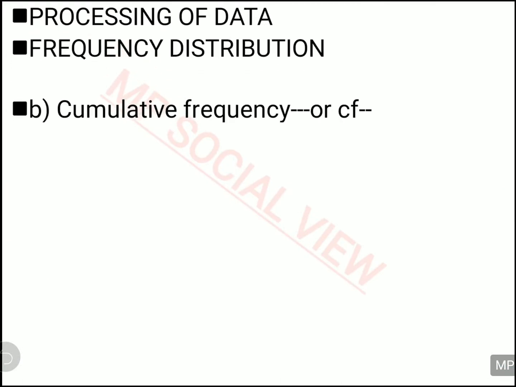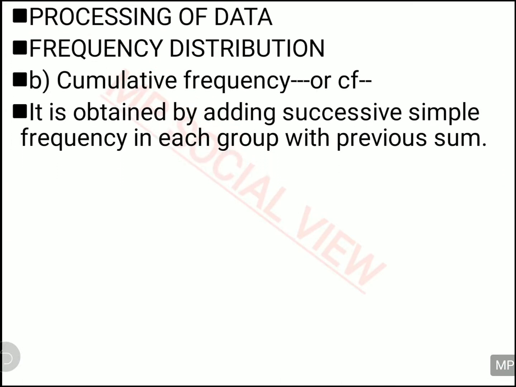Now let us see how we get cumulative frequency. See, cumulative frequency is denoted by CF, and it is obtained by adding the successive simple frequency in each group with the previous sum. Means you have to add the present frequency with the previous sum. I will explain you with the table and then you will understand in a better way.